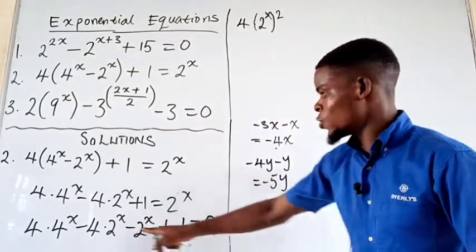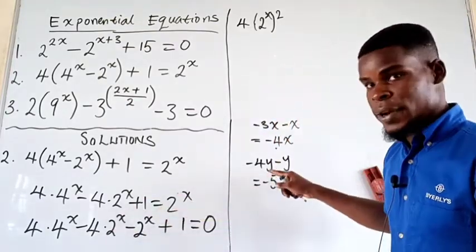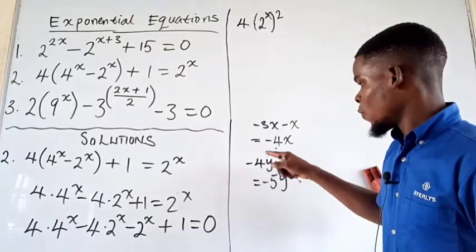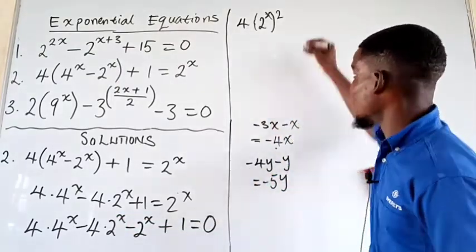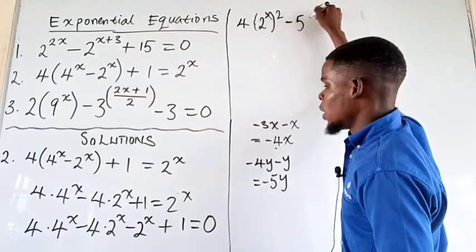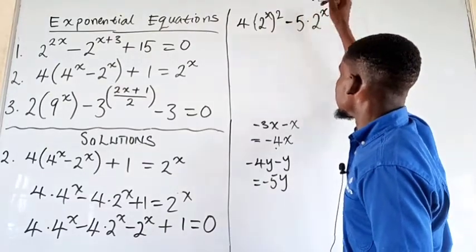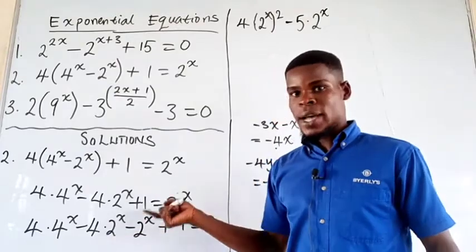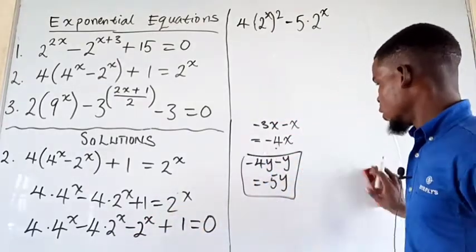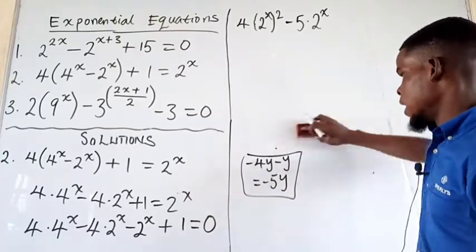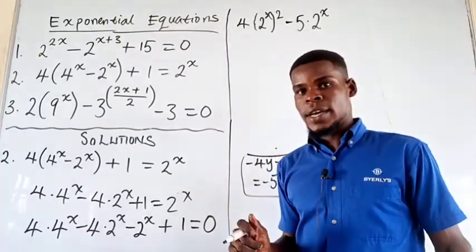So assuming this 2 to the power of x is y, alright? What we will have is negative 4 of that y minus that y itself, that is negative 5y. So here I'm going to write negative 5 times 2 to the power of x. So assume this 2 to the power of x to be y, alright? Just like this one. And you are going to get just that, negative 5y, alright?